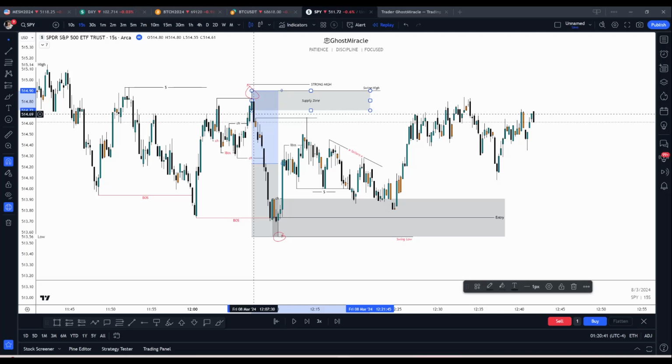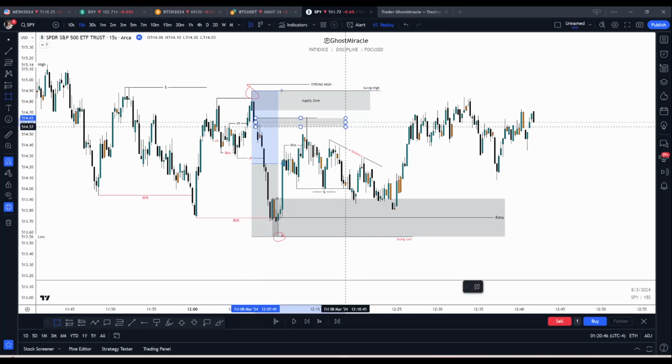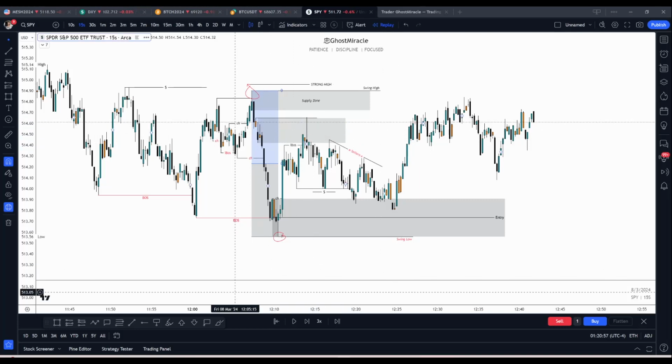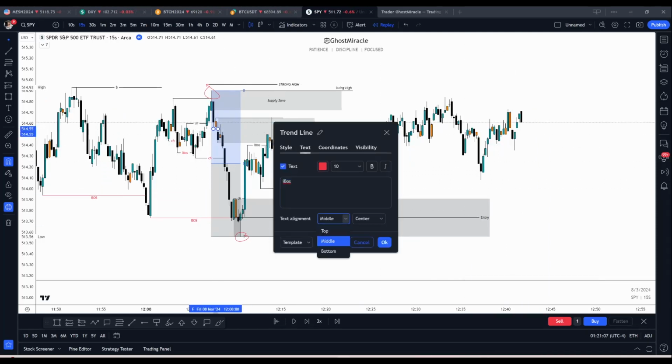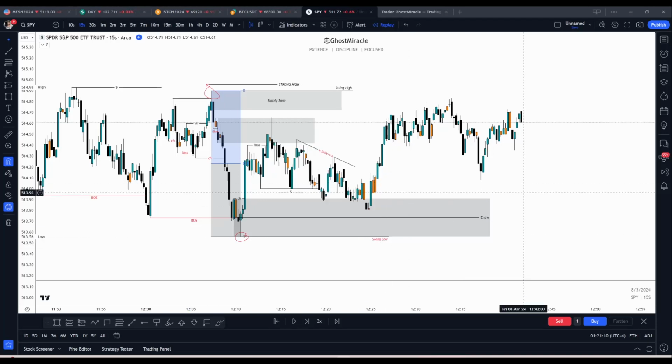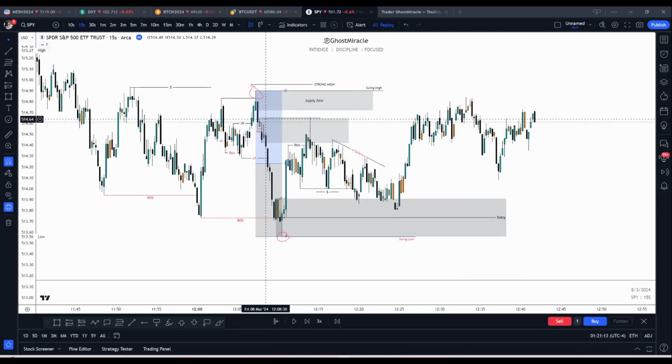So this supply zone was tapped in, but this was not. So like you could say this was the initial supply that pushed price down, or if you want this entire zone, because there was a low, high, low. So this is a fractal internal break, making this a valid supply.